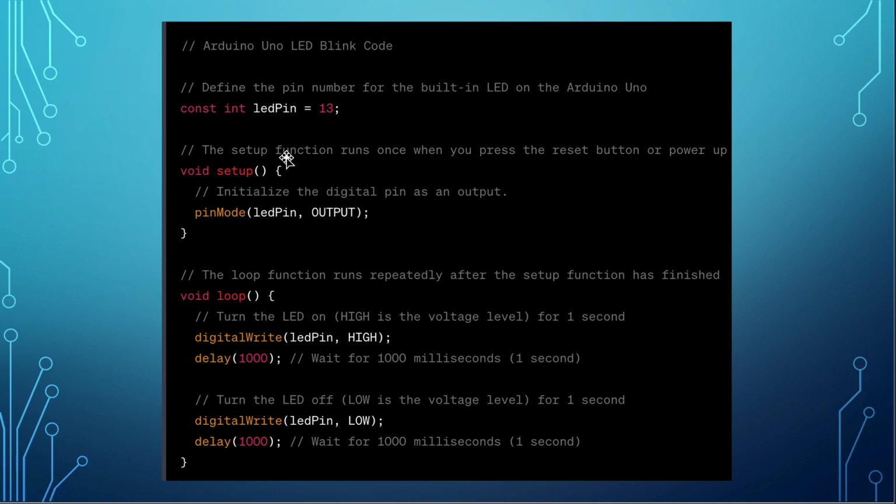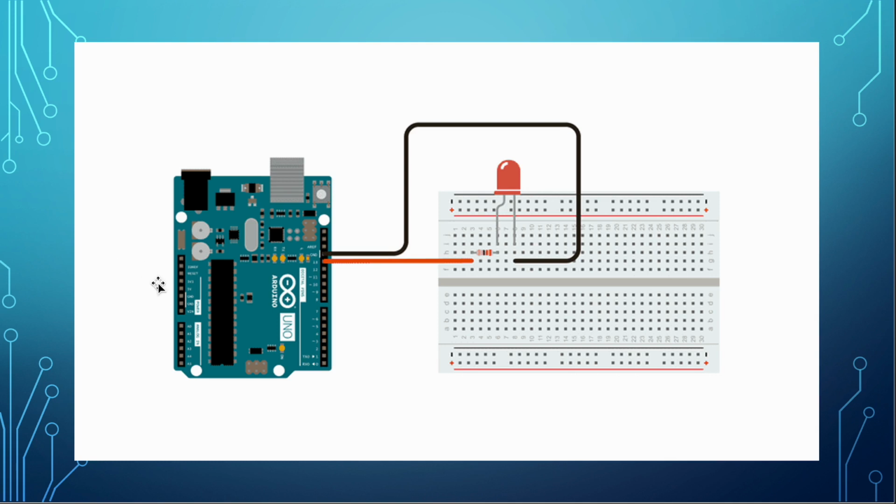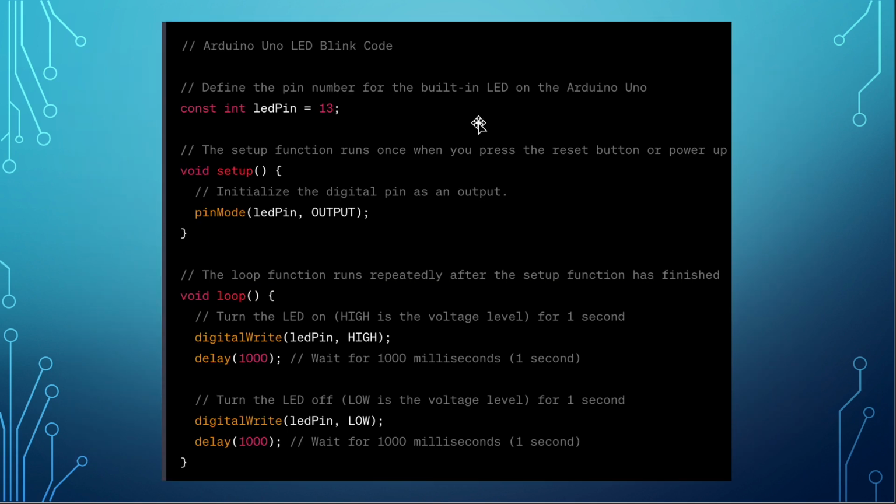Let's say servo pin would be equal to pin number 5. So we connect it to 5, and then we will start our definition of that particular pin.